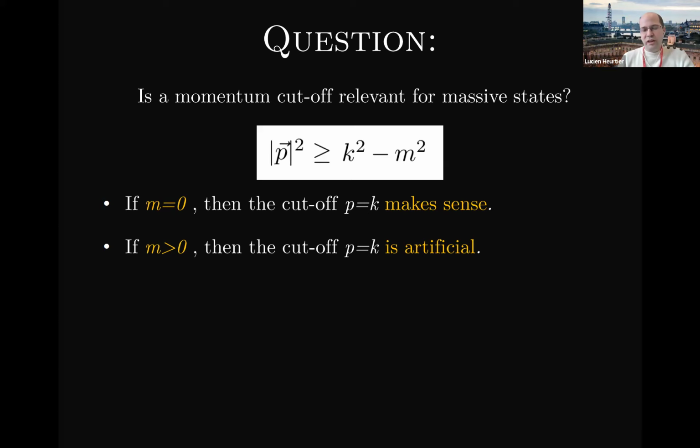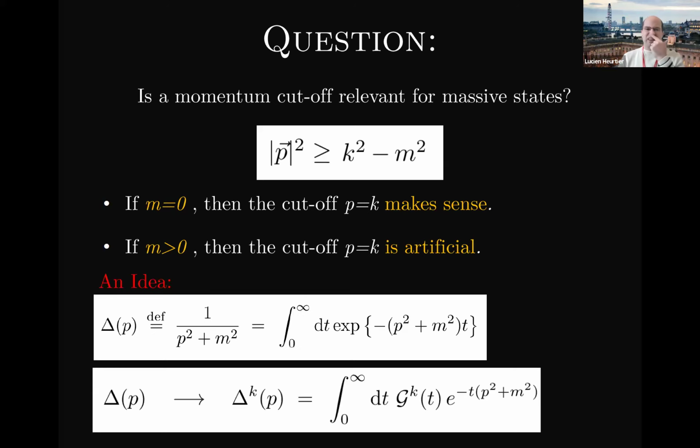And this is something which is nicely encoded in the Schwinger parametrization, because once you rewrite your propagator, which contains p squared plus m squared for a massive field, in principle you end up with this t parameter.